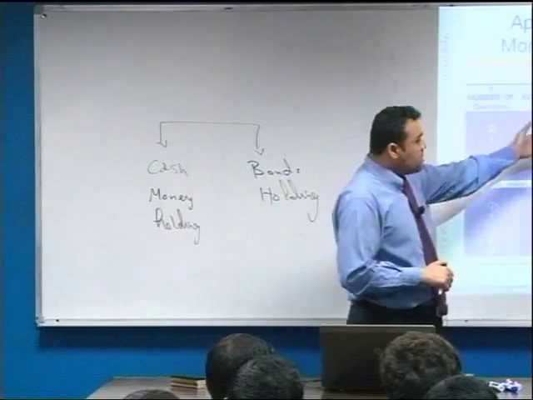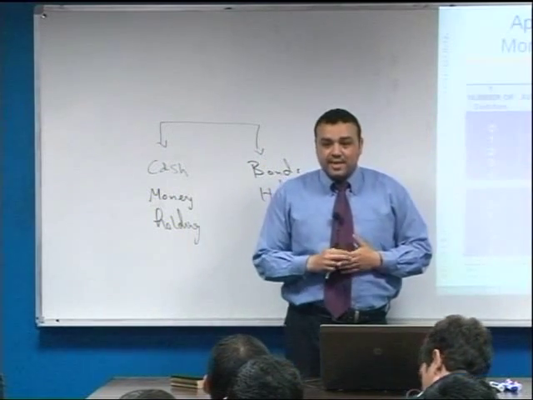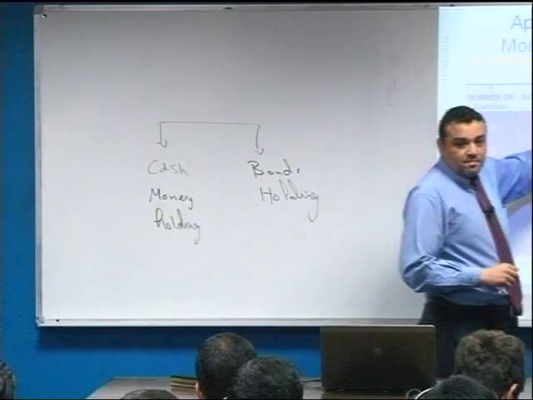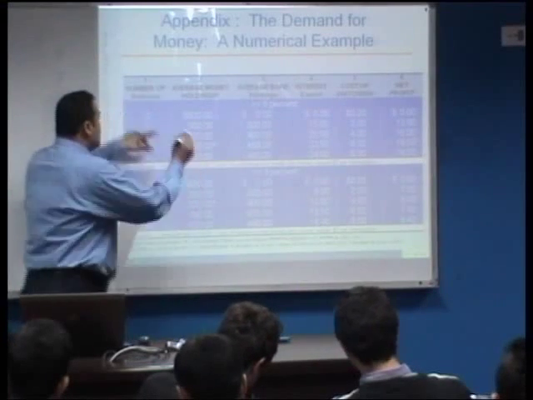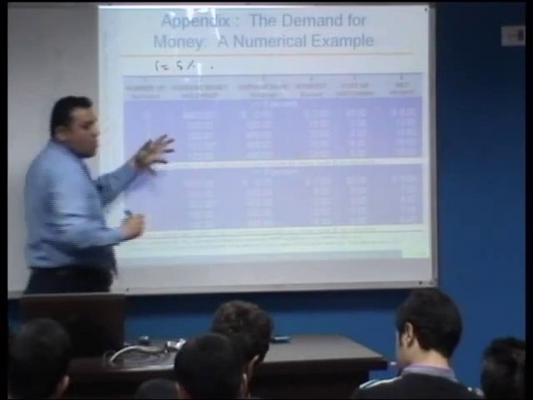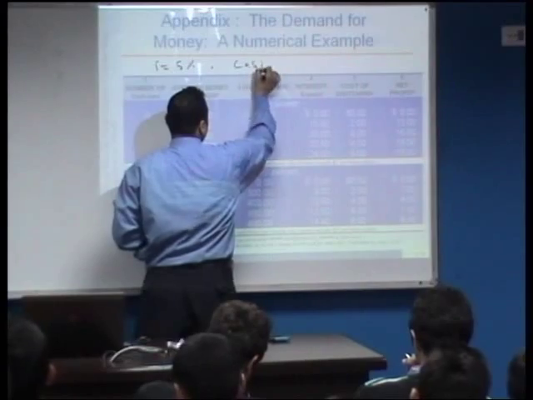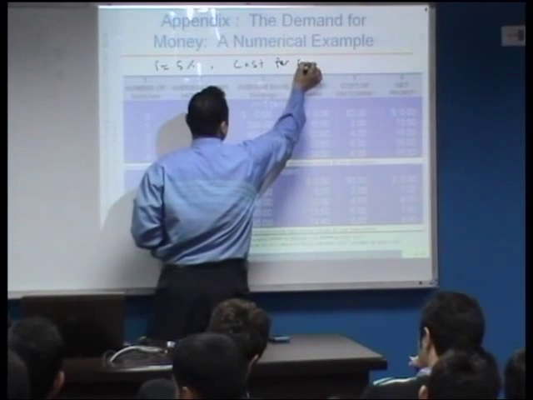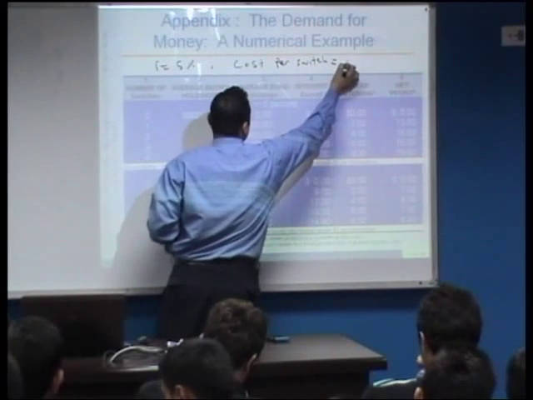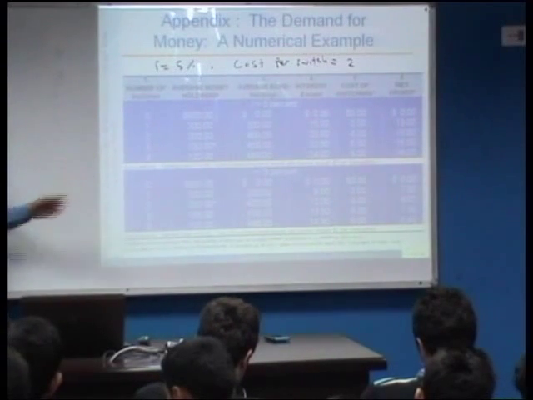So, according to this example, suppose that the interest rate equals 5%, and the cost per switch equals $2. And here we have the number of switches.